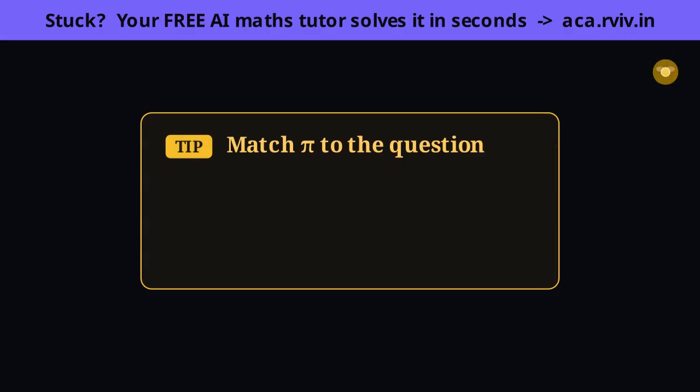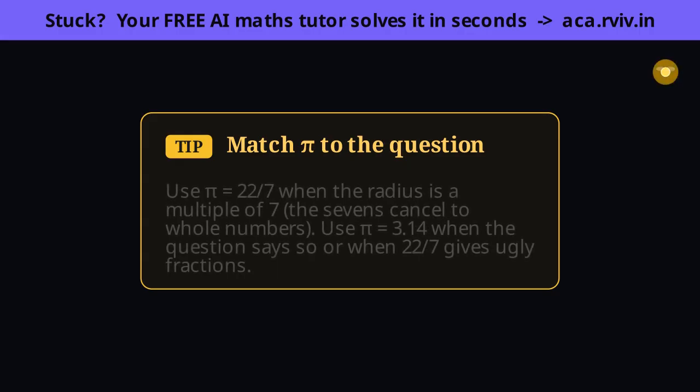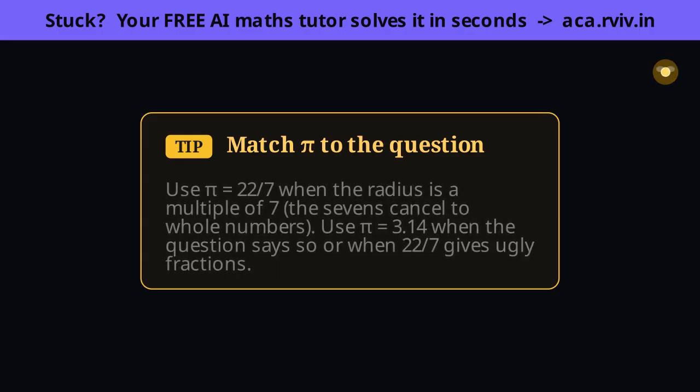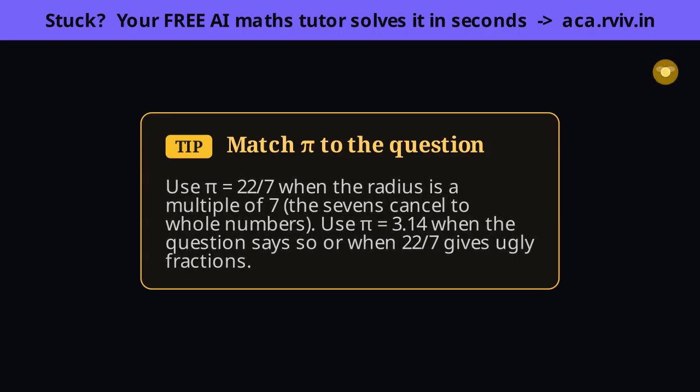When the radius isn't a multiple of 7, that cancelling won't happen and 22/7 leaves ugly fractions, so reach for 3.14 instead. But the golden rule overrides everything. If the question states a value of pi, use exactly that. The marking scheme is built around it, and changing it can cost you the final marks.